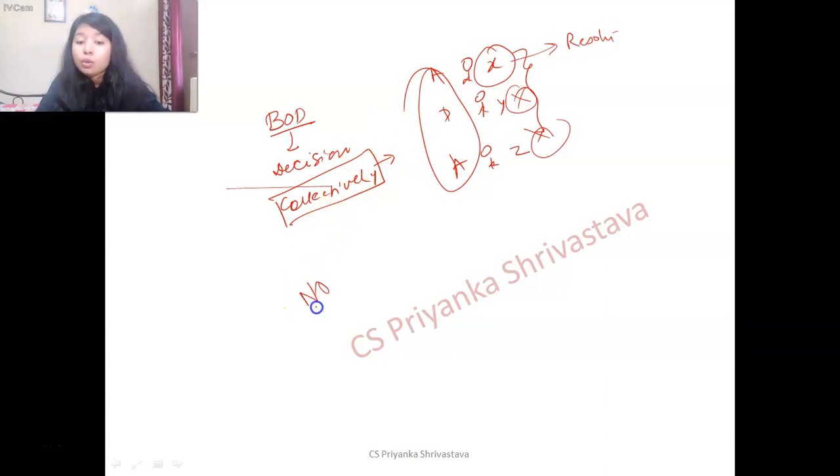The answer is no. Why? Because the other 2 directors have denied it. So the decision can be taken collectively only. There should be a mutual decision. It cannot be a decision which is passed by a single director. A single director does not have any power with itself. The powers are given collectively to all the directors all together.